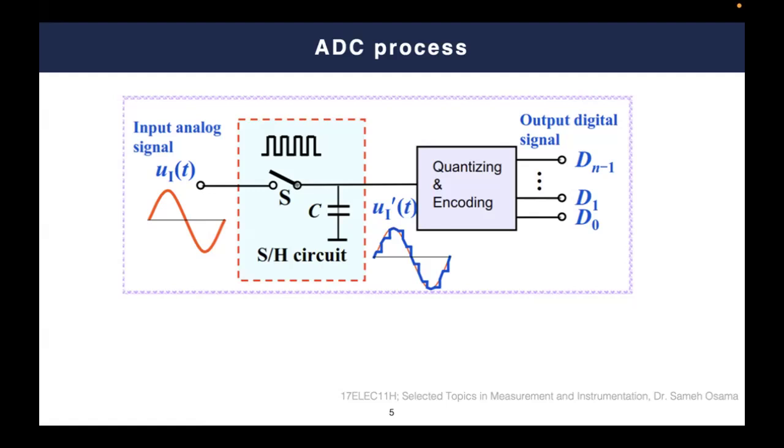So herein, we need to make a double process of discretization. We need to discretize the y-axis, and we need to discretize the x-axis.